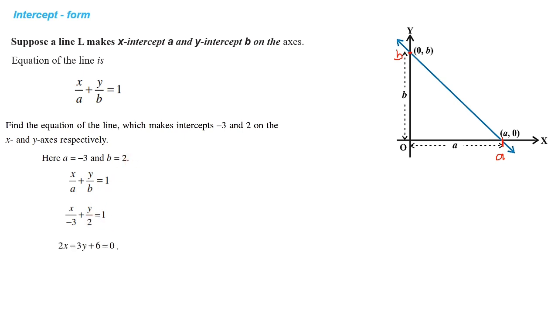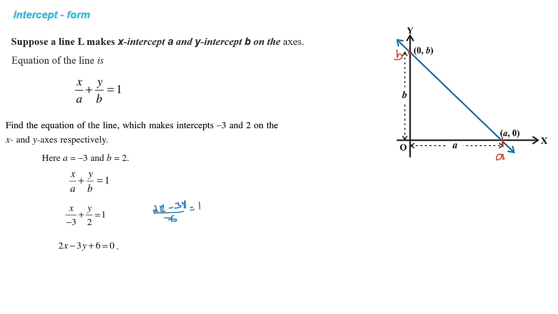When we do the cross multiplication, 2 into x is 2x, minus 3 into y is 3y, minus 3 into 2 is minus 6. We'll do the calculation because sometimes you may not understand. So taking the common LCM, it will be coming as 2x minus 3y is equal to 1.